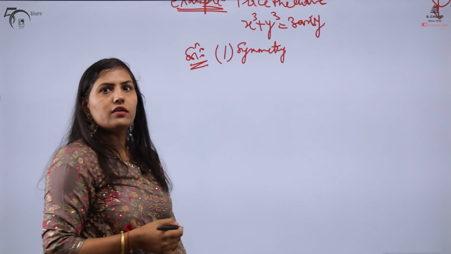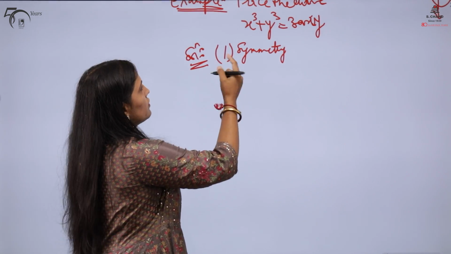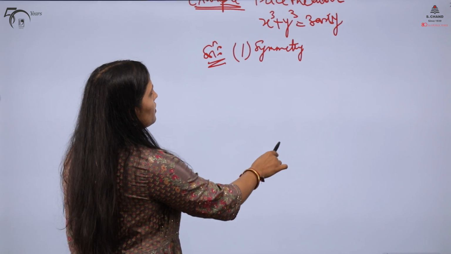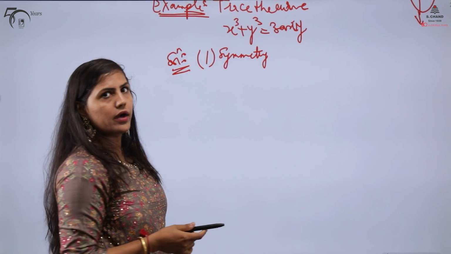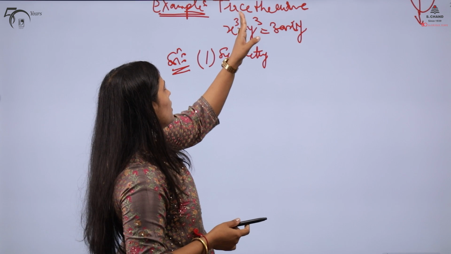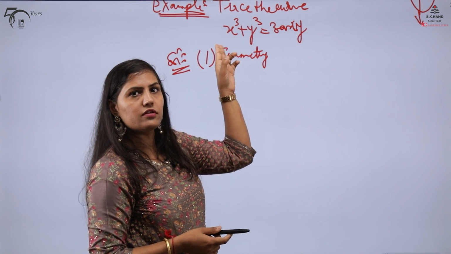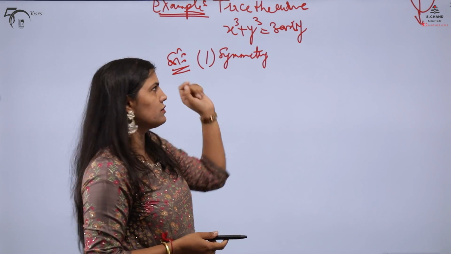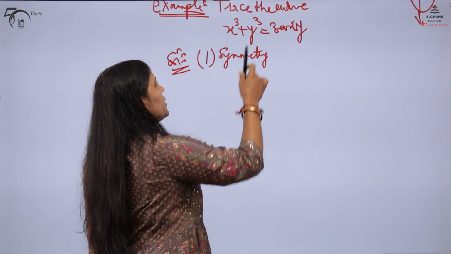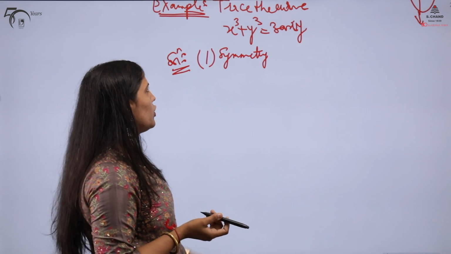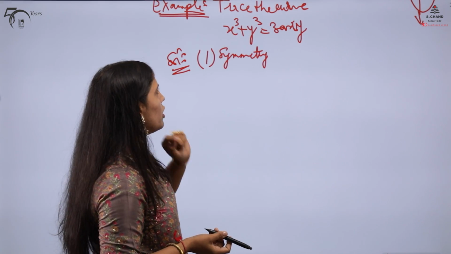As I told you, if the curve is symmetrical about the x-axis, the y power should be even. You can see the y power is odd and the x power is odd, which means the curve is not symmetrical about the x-axis and y-axis.